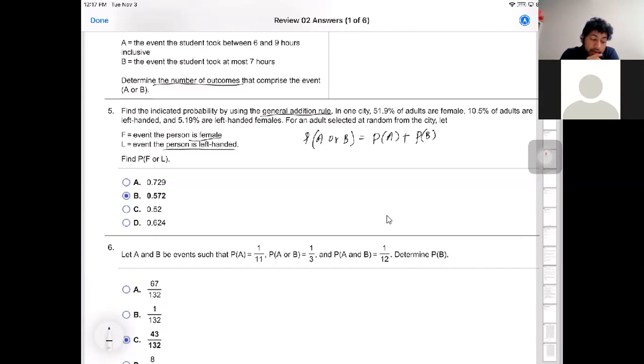You have to find the probability of F or L. You can use the general addition rule: probability of F plus probability of L.